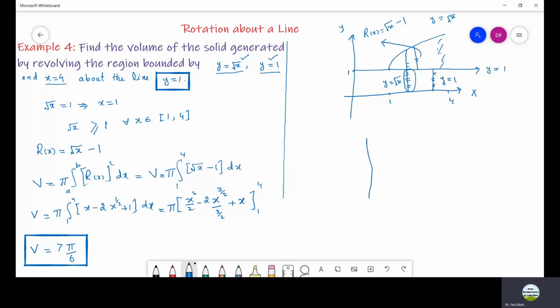Now if I rotate this curve about the line y is equal to 1, we get a curve like this one, and we find a solid of revolution. So that is the solid of revolution, and its volume is 7 pi by 6.